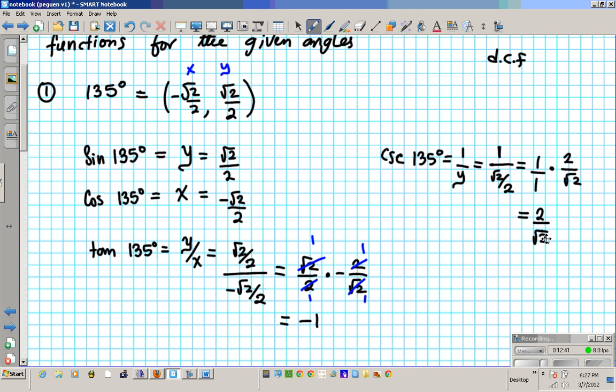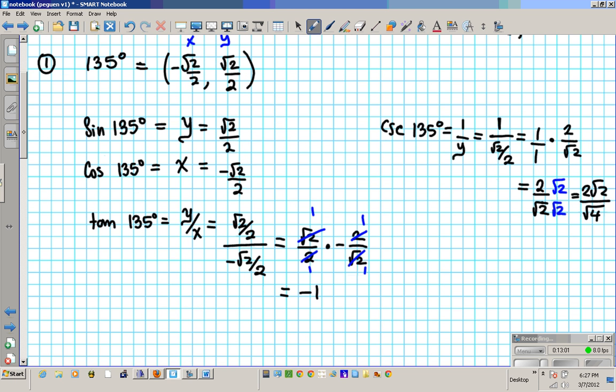Now this is a problem because you cannot have a square root as a denominator, so we must rationalize the denominator, okay? So you multiply by root 2, top and bottom. And our final answer is going to be 2 root 2 divided by root 4. What is the square root of 4? The square root of 4 is just 2, right? So it's going to become 2 root 2 over 2.